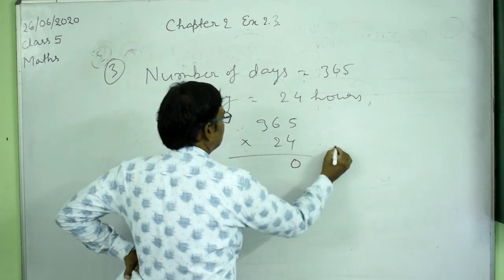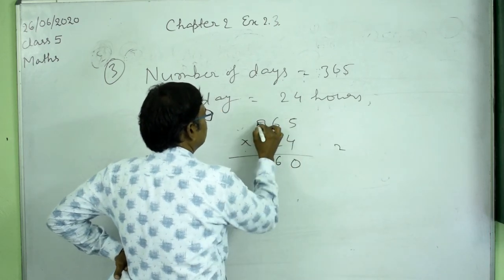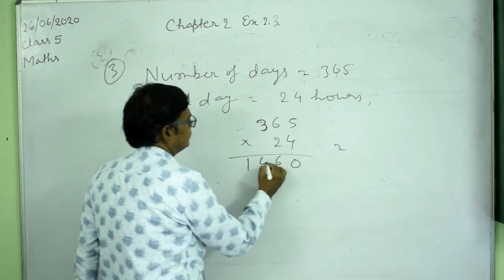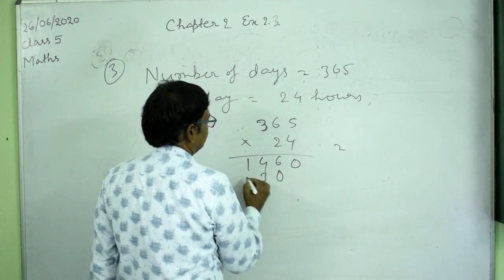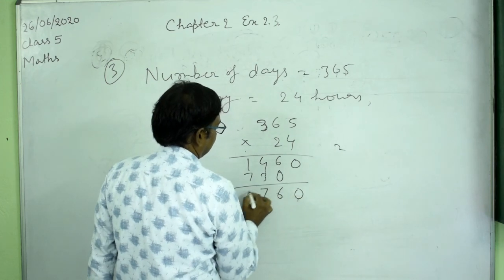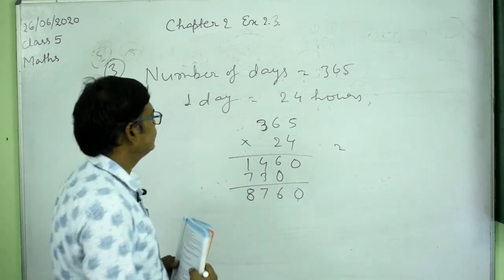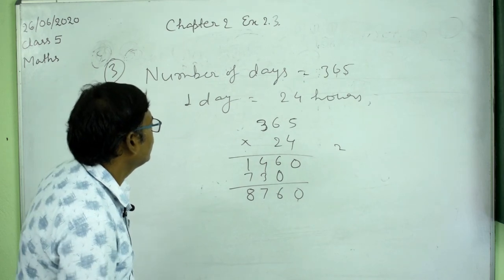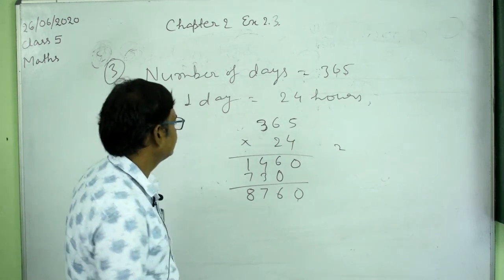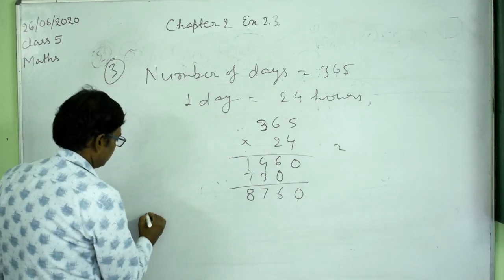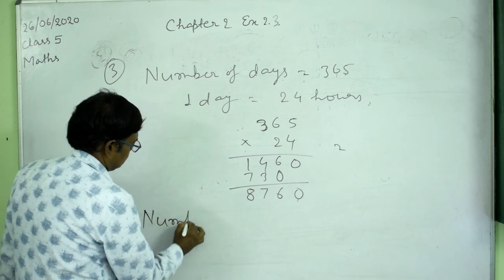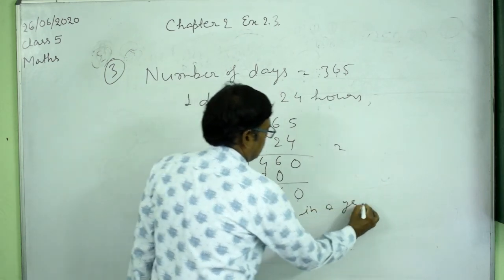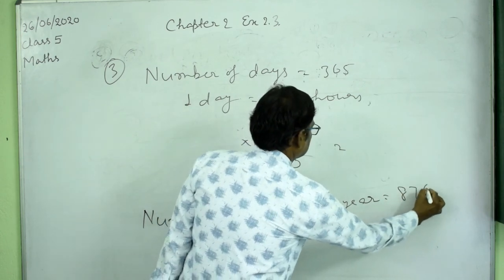So 5 fours are 20, then 2, so the number of hours in a year is equal to 8760 hours.